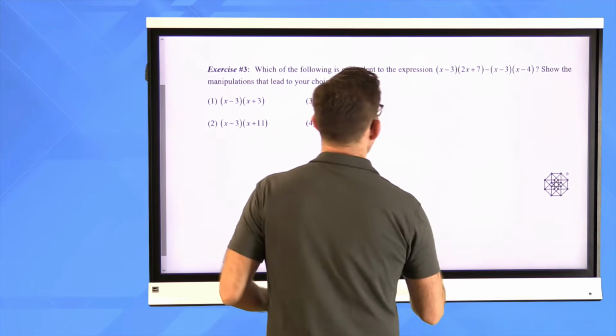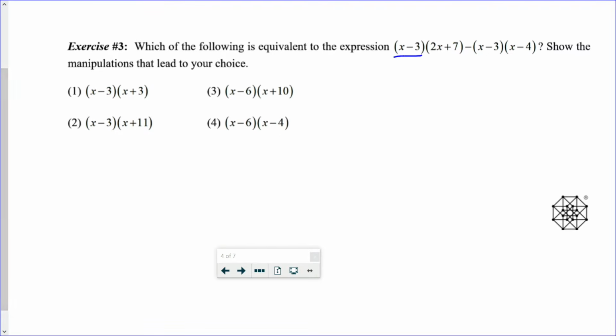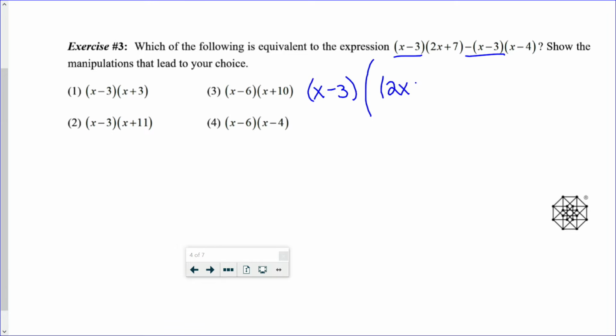Here we go. All right, remember, I'm going to think about that x minus 3 as being sort of that single thing. Okay, and I'm going to factor it out, x minus 3. Be a larger parentheses here. That's going to leave me with 2x plus 7 minus x minus 4. All right, so far this looks pretty darn similar to what I had before.